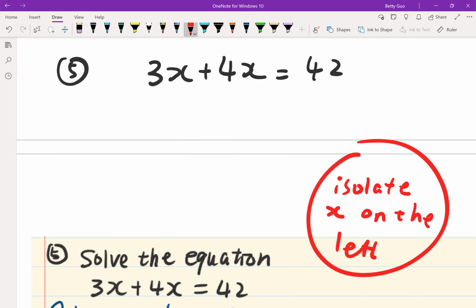That's your goal. Isolate x on the left. You have the answer already? What is it? Perfect. Very good.